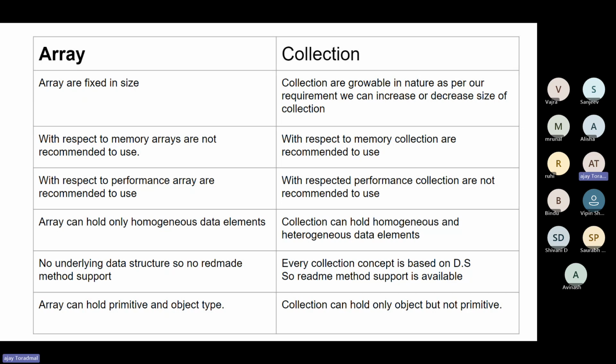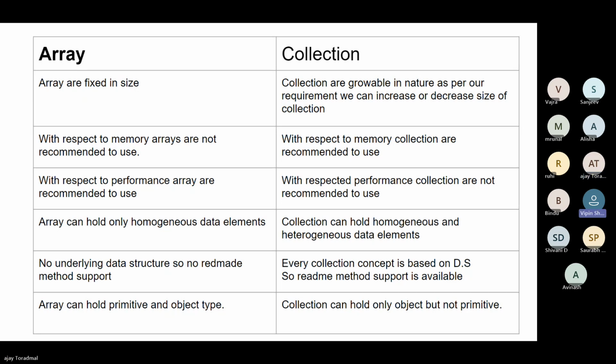In that case, an array is recommended. Why? Because if you create this array, you can store the values in it, and it is not going to do the shift operation. So a collection is not recommended here, but an array is recommended when you're talking about performance.